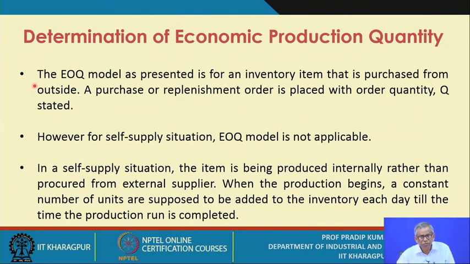So a purchase or replenishment order is placed with order quantity Q stated. Please refer to the flow diagram which we have drawn for both the Q system and the P system of inventory control. But there are cases where there is no outside supply, but a self supply case. Suppose one work unit uses an inventory item and needs a certain quantity of it.